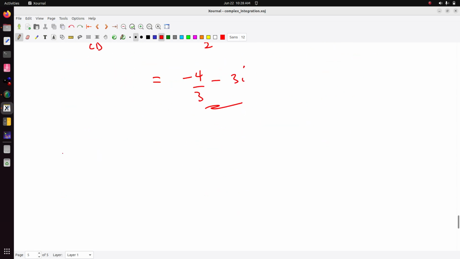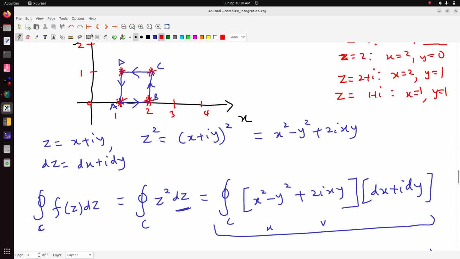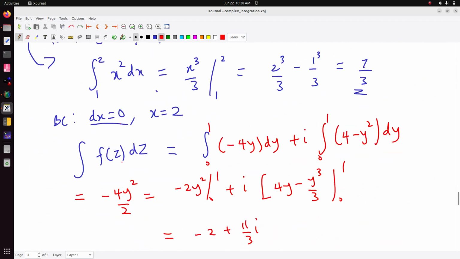Now, the last part, which is DA. On DA, y changes from 1 to 0, but x does not change. So x is going to be 0. The limit of integration with respect to y will be from 1 to 0.